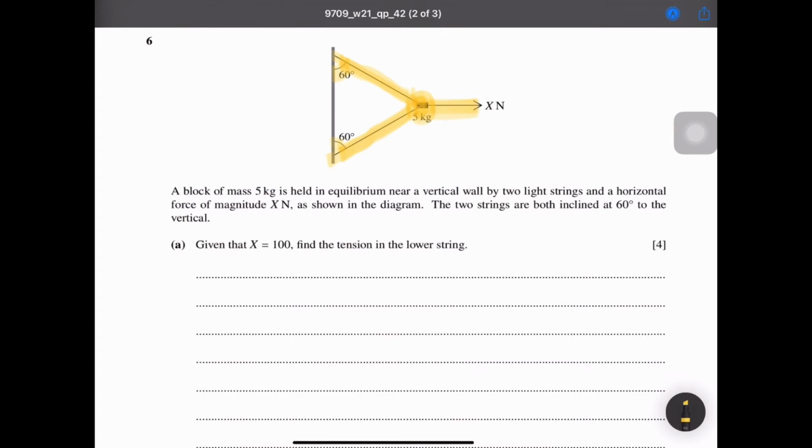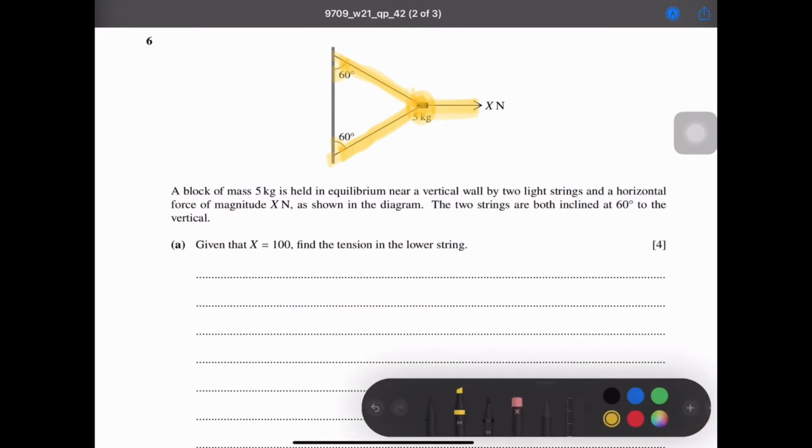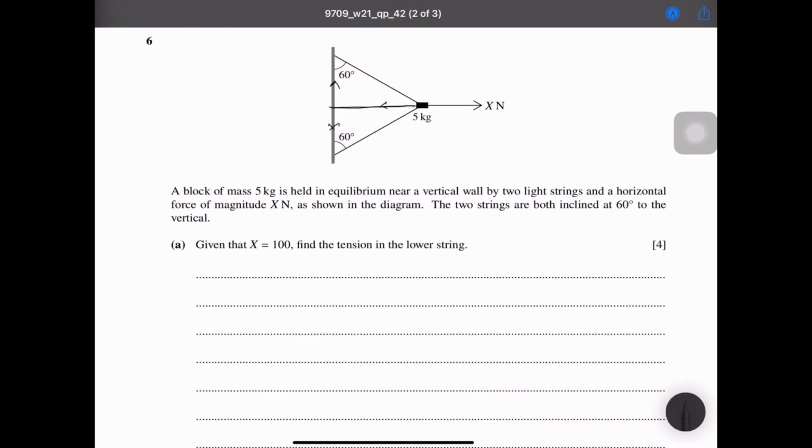We need to find out the tension in the lowest string. Resolve all the forces in the horizontal direction. Let me consider this as T2 and this as T1. Our target is to find out T1.